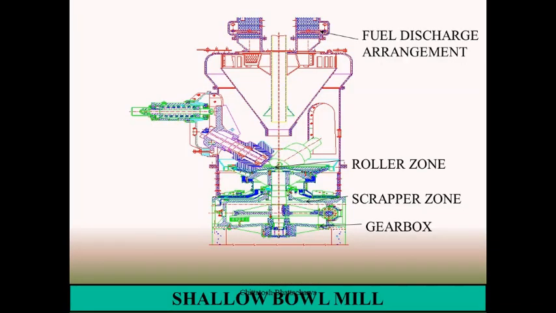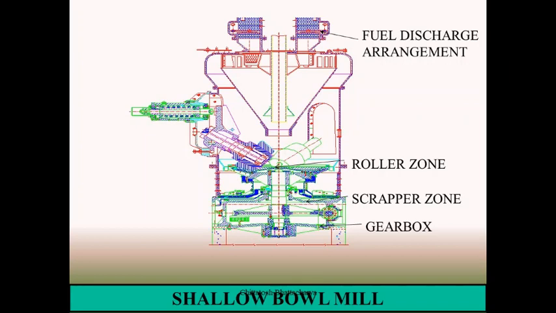Now we will discuss the shallow bowl mill, where you have rollers and a bowl to get the grinding arrangement. This type of milling system has a capacity of 25 tons per hour to say 50 tons per hour.